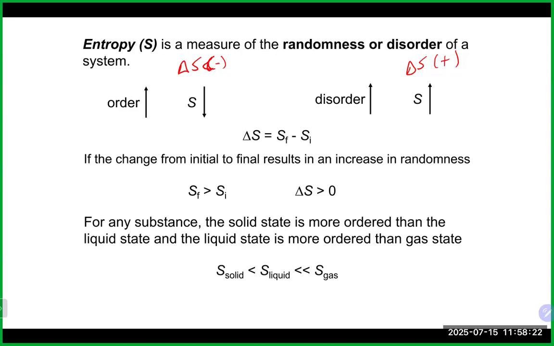One of the easiest places to see that is in a phase change. Obviously, things in the solid phase are ordered pretty well with each other. They're tight. They don't have a lot of energy. That has less entropy than, say, in the liquid phase, where they're still pretty tight to one another, but they have a lot more energy. So there's a lot more movement happening and a bit more disorder.